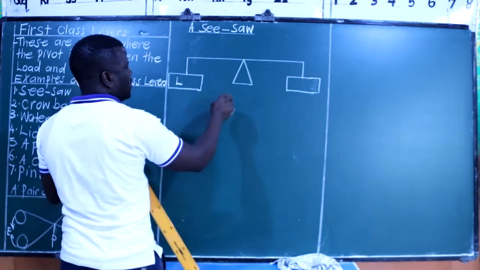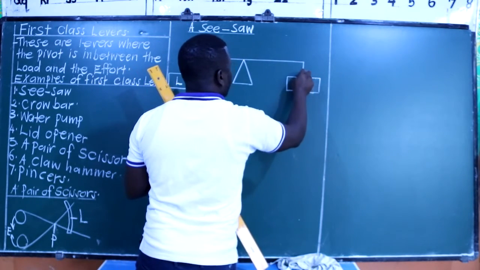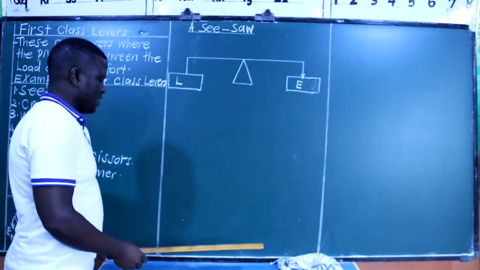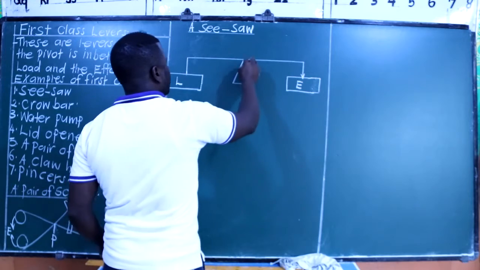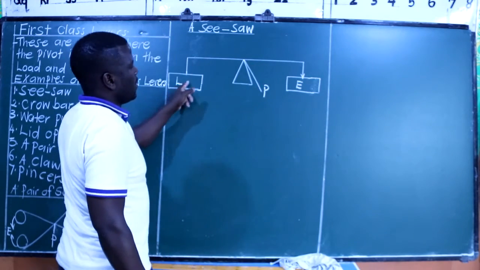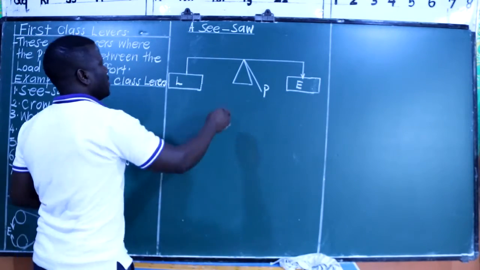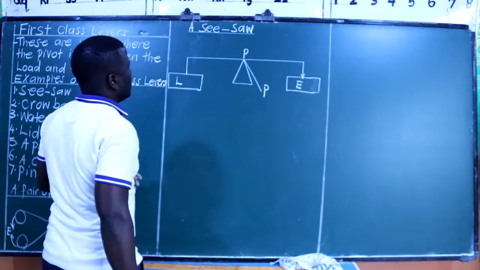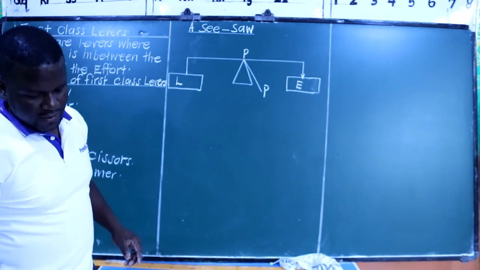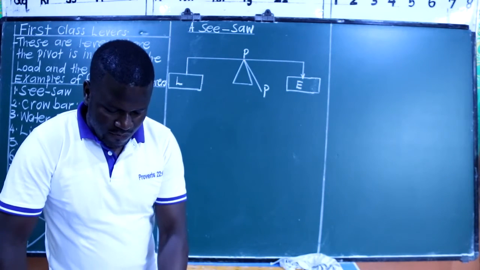So this is the load, then this is the effort. So we say first class levers, the pivot is in between the load and the effort. So this is a seesaw, so the pivot is in between the load and the effort. That's why we categorize a seesaw under first class levers.